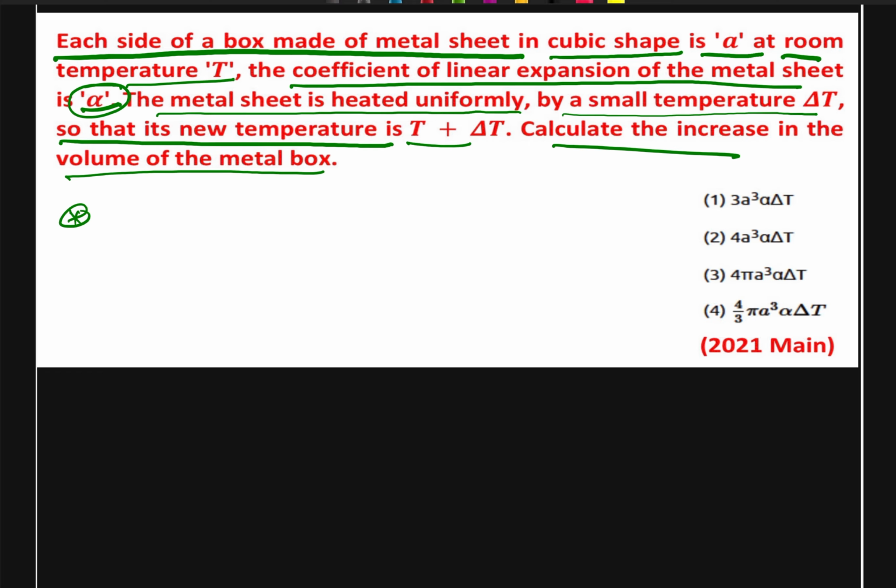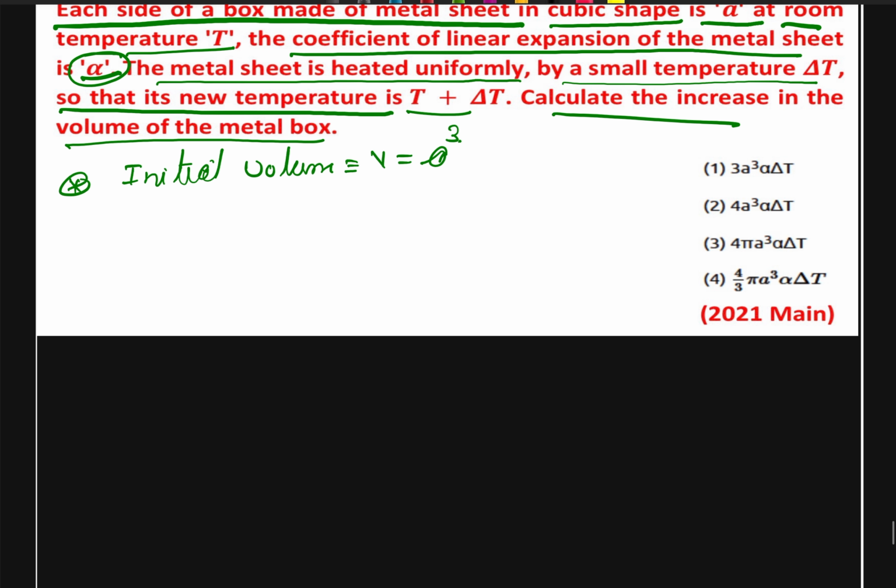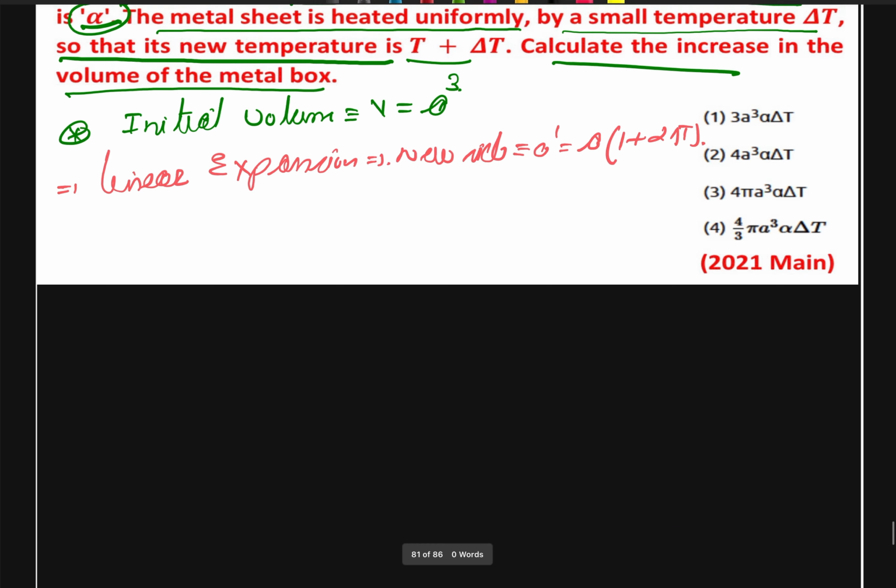So we know that our initial volume V is equal to A raised to power 3, and we have linear expansion, so let us say our new side is A prime, and that will be equal to the original side length times 1 plus linear coefficient multiplied by delta T, which is the change in temperature.